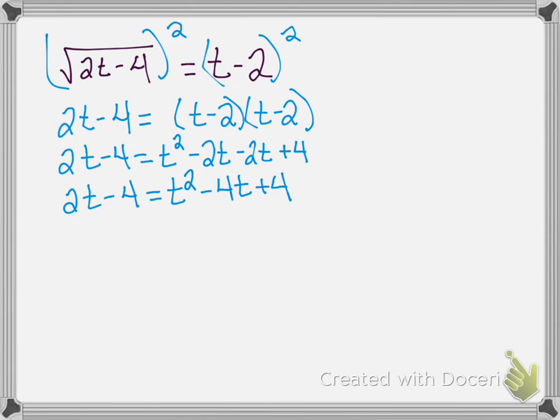Now, this is a quadratic. What makes it a quadratic is your t value is squared. How do I solve quadratics? What do I have to do? What do I have to set it equal to? I heard it. 0, okay? So you're going to subtract 2t from both sides and you're going to add 4.